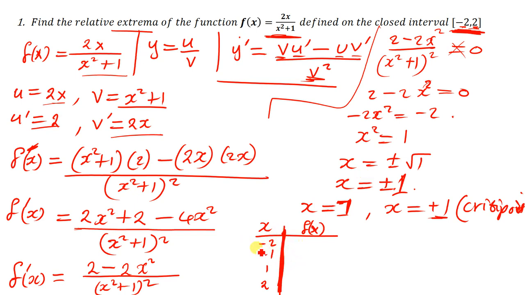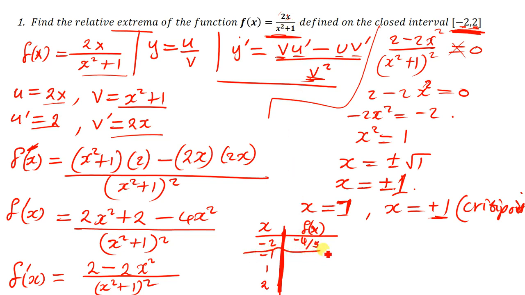Alright, so let's quickly plug in negative 2. If you put negative 2 where there's x, you're going to get negative 4 on top, and then the denominator will be 2 squared plus 1, which is 5. So this will be negative 4 over 5.